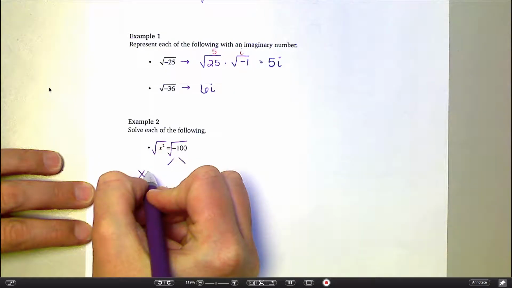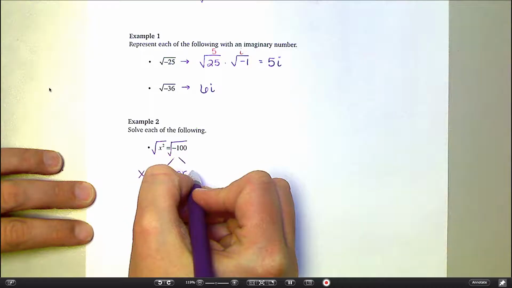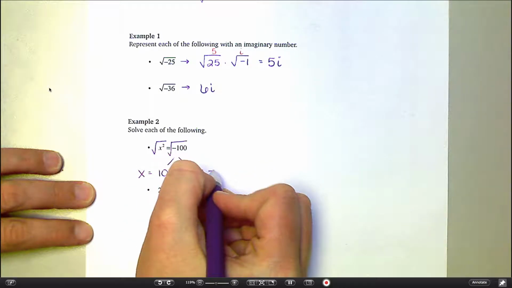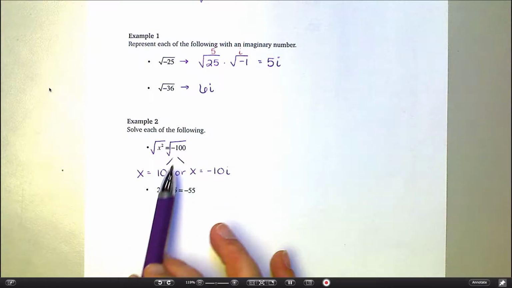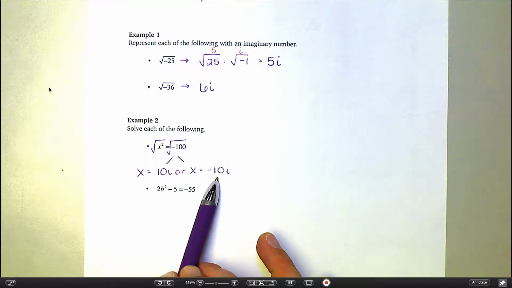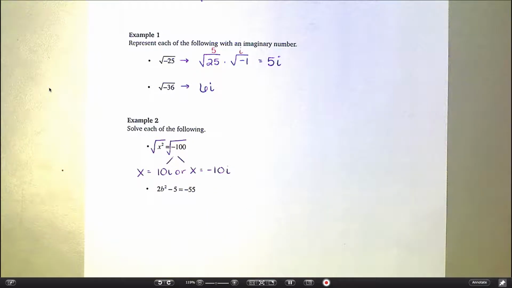So we could have positive 10i or negative 10i, okay? Because when we take a square root of 100, we could get positive 10 or negative 10. And then the i represents the negative that was under the square root a second ago, okay?